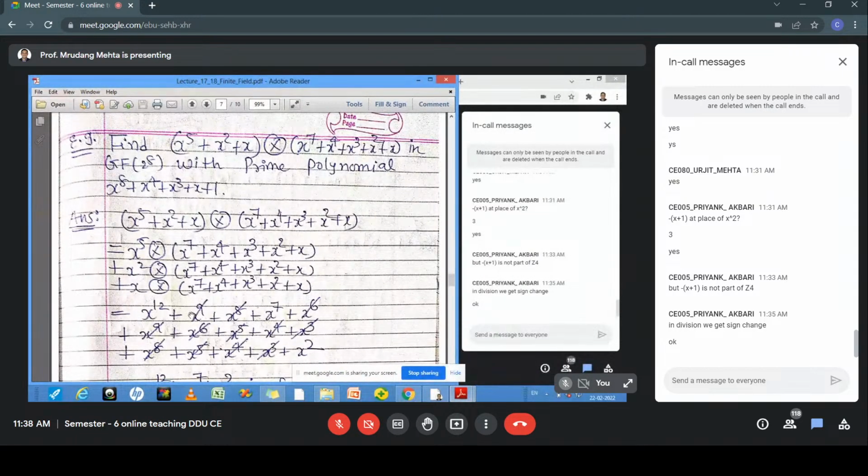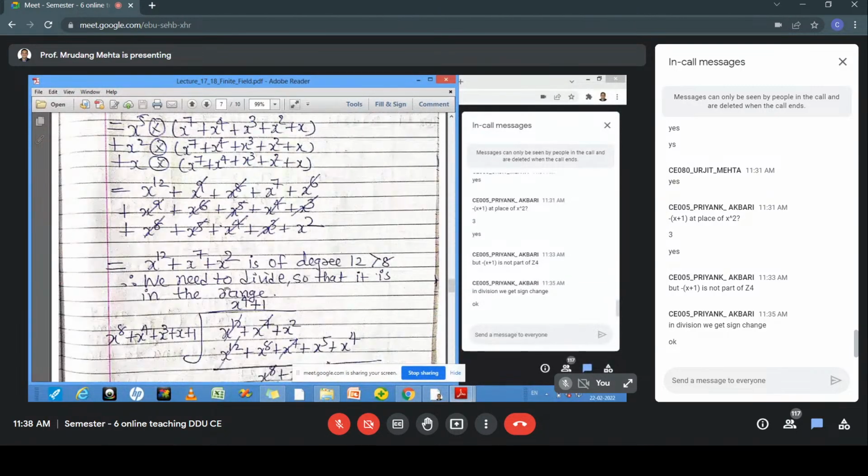So x^9 XOR x^9 is 0. x^8 and x^8 XOR to 0. x^6 and x^6 cancel out, x^5 cancels out, x^4 cancels out, x^3 cancels out. So what remains is x^12, x^7 and x^2.